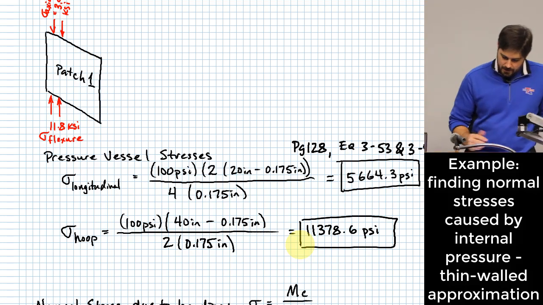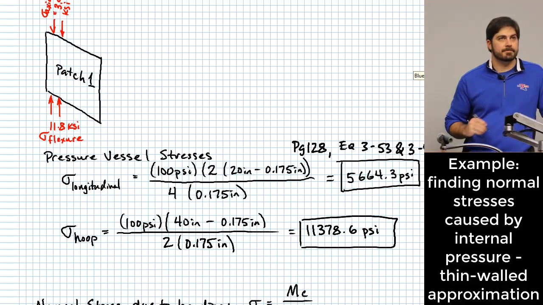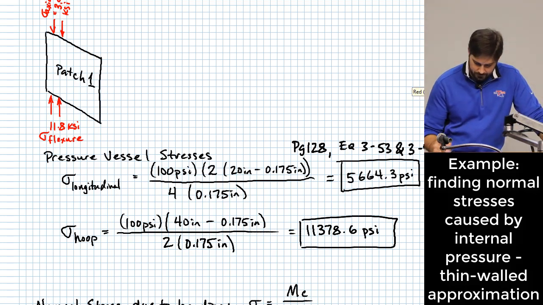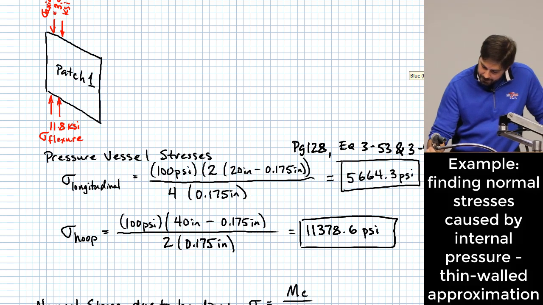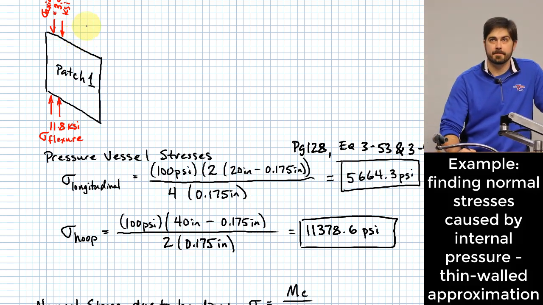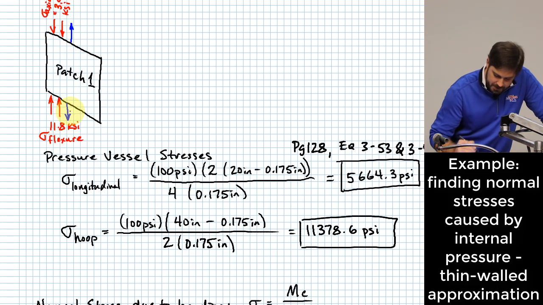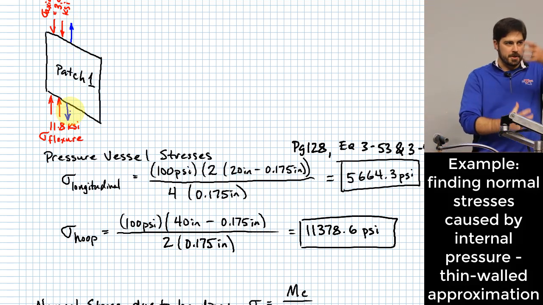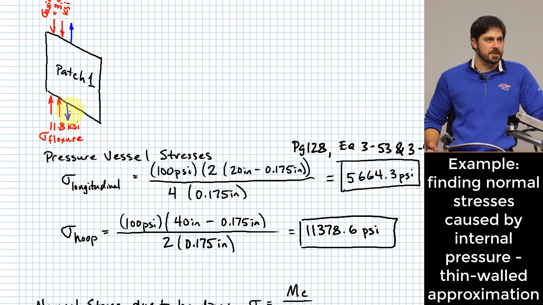All right. So what do I need to put on my patch? Yeah, for the longitudinal piece, I'm going to use a different color. Is it in tension or compression? Tension. Imagine you have end caps, which you do on this pipe. The internal pressure pulls on those end caps and creates a stretching action on the pipe.